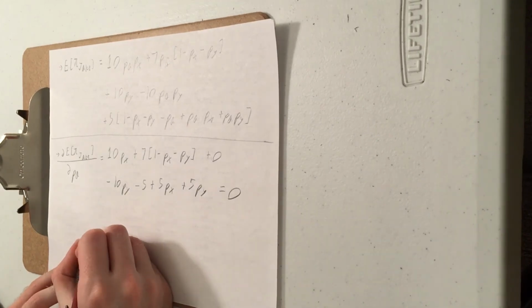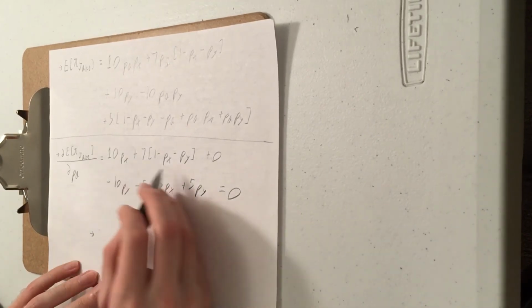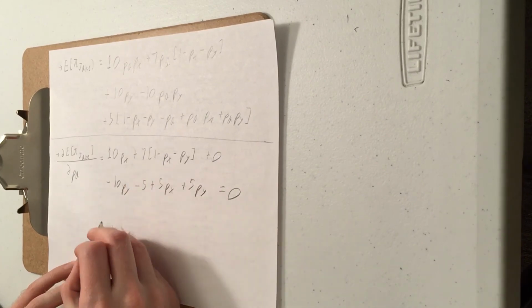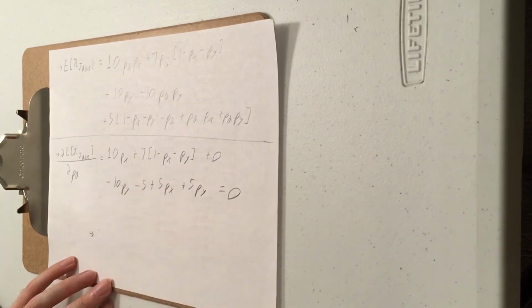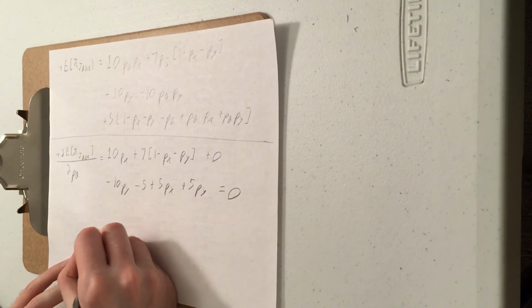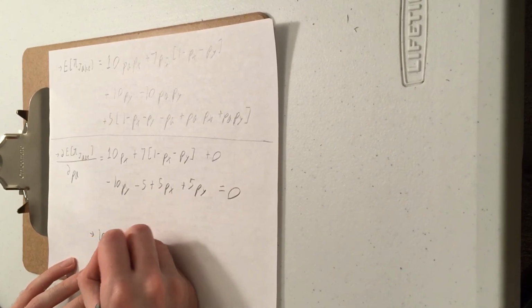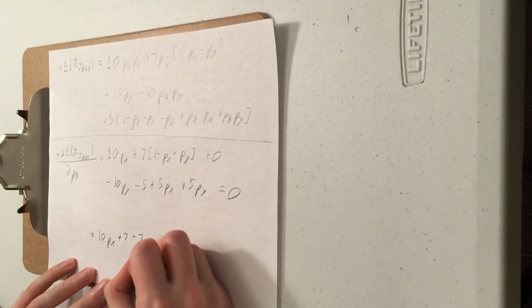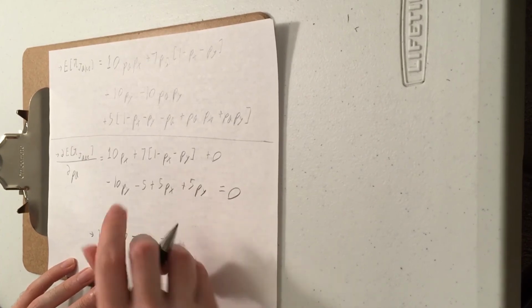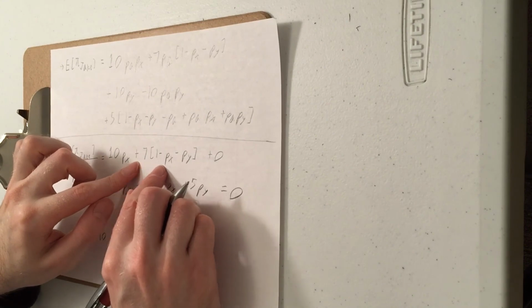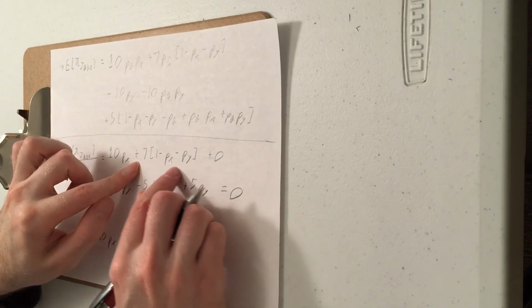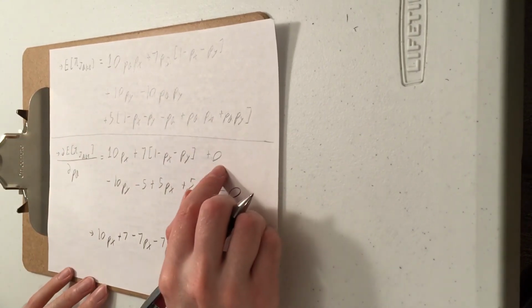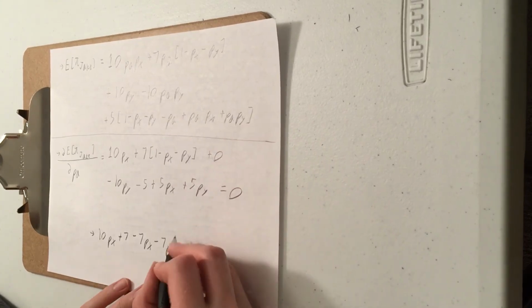We're going to do some more simplification. So let's expand that guy. 10 PX plus 7 minus 7 PX minus 7 PY. So I guess distribute a 7 through all these terms here. 0 just goes away, it's a 0.